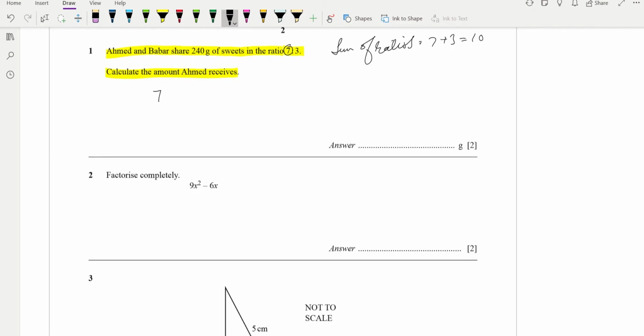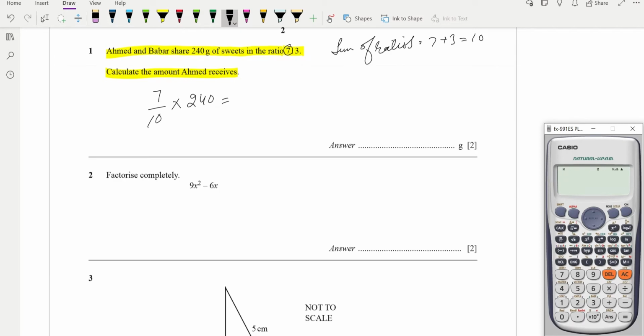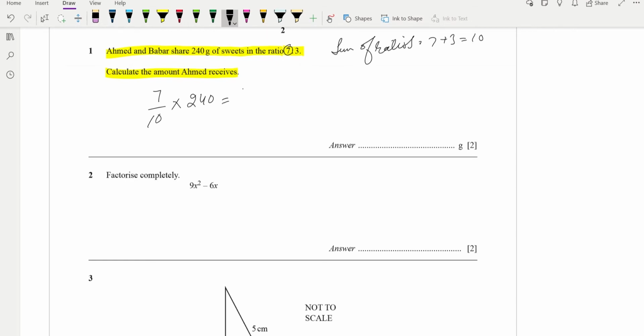So Ahmad's share is 7 out of 10, and this will be multiplied by 240 grams. By calculation we can check, 7 over 10 multiplied by 240 is equal to 168. So 168 grams.